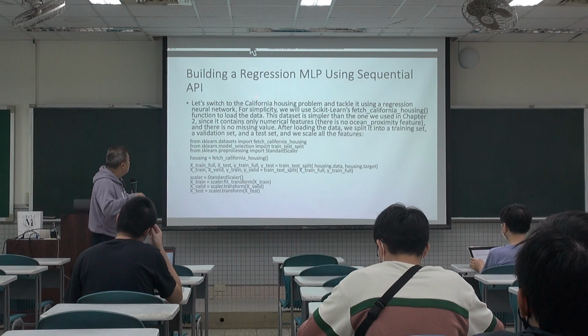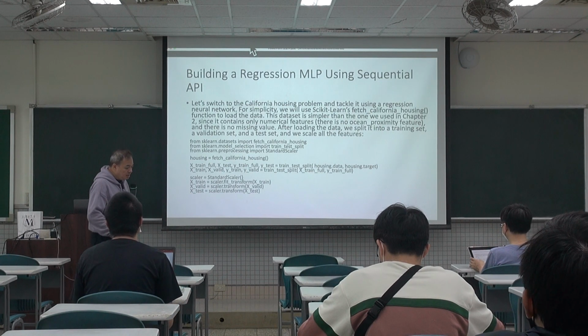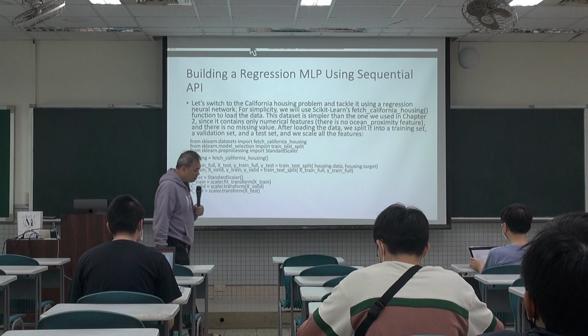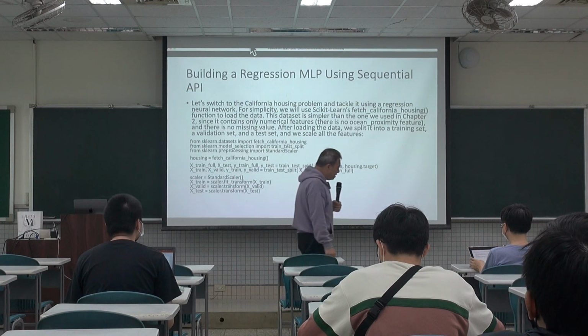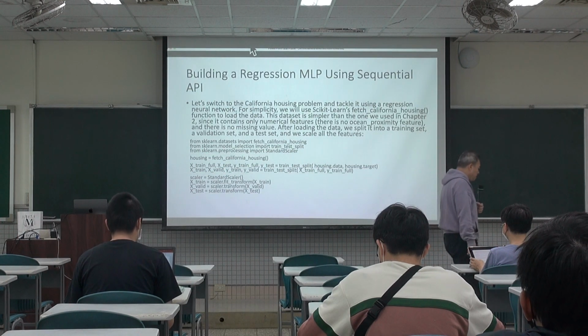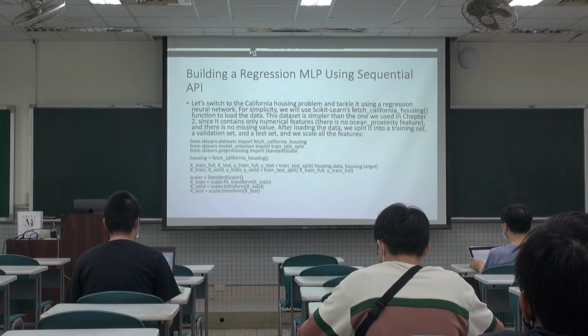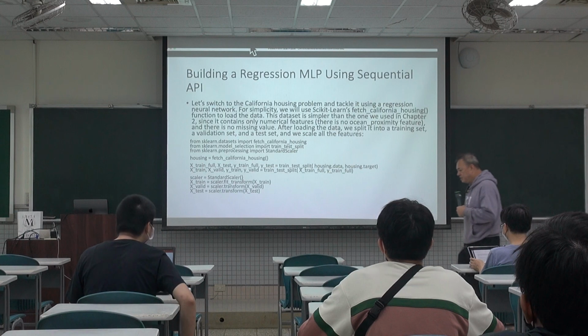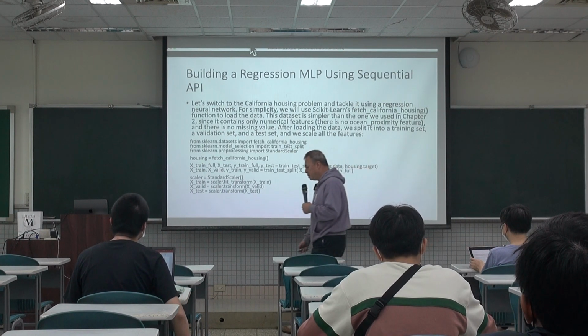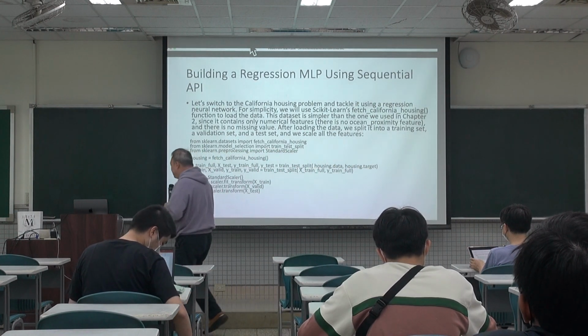So at the end of last lecture, we talked about using Keras to create the model that recognizes the fashion MNIST data set, right? To classify the data set, and to be exact, we are talking about the sequential API.